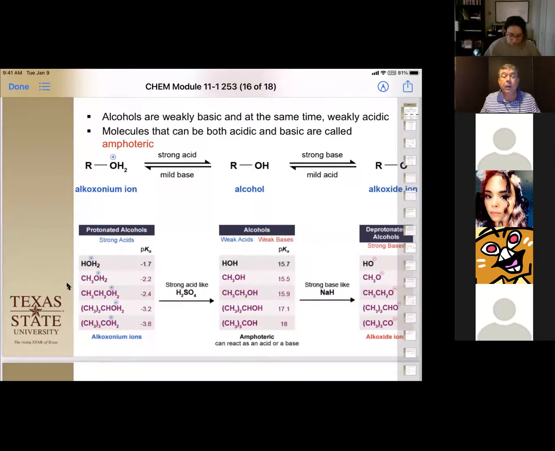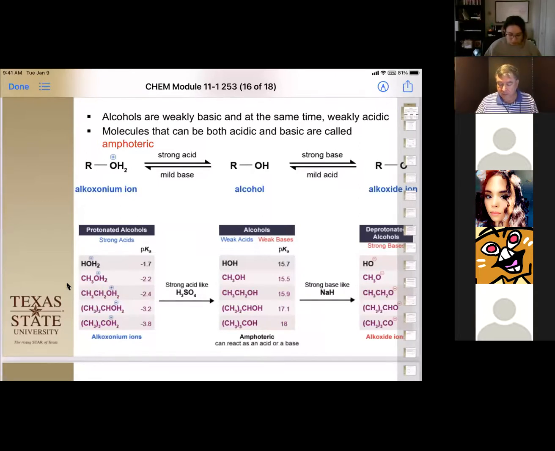Okay, so your alcohol can act as a Bronsted-Lowry acid by transferring the proton, or it can act as a Lewis base by using that lone pair to abstract a hydrogen from something else. So a molecule that can be kind of both things is called amphoteric. It can be used as an acid or a base.